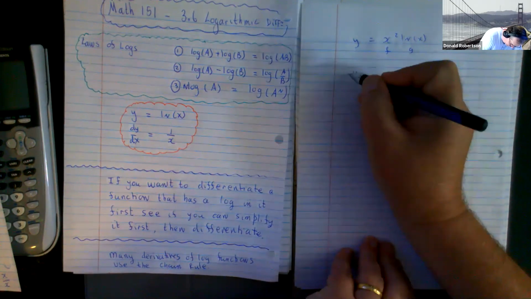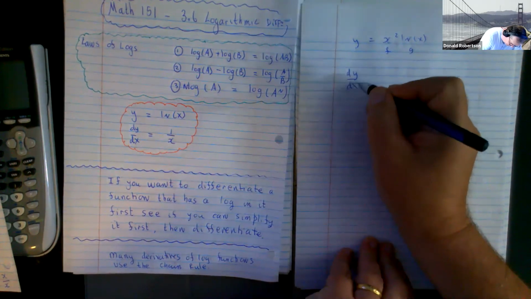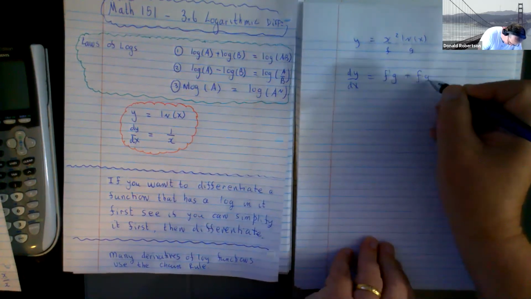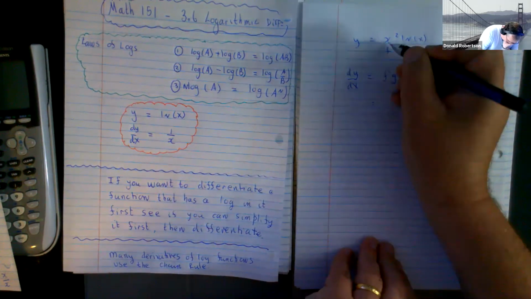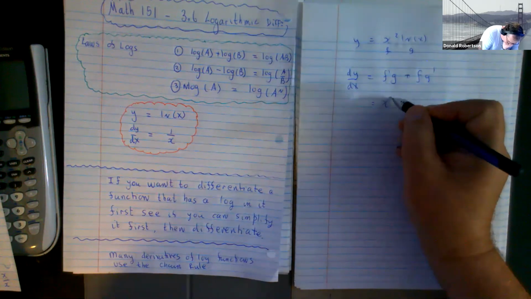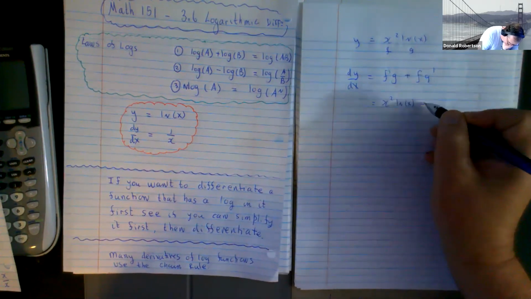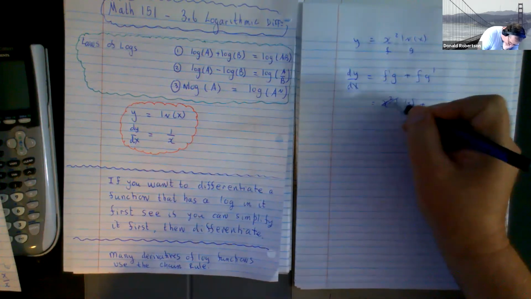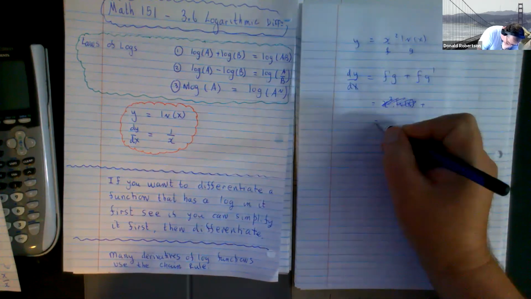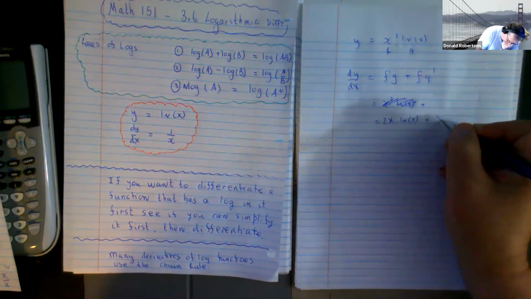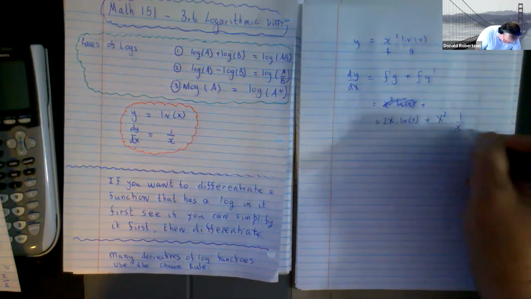So the derivative is f dash g plus f g dashed. Leave that guy alone, so it's x squared. That fella is log x. Differentiate that guy. Leave him alone. Leave him alone. Differentiate that guy. There we go.